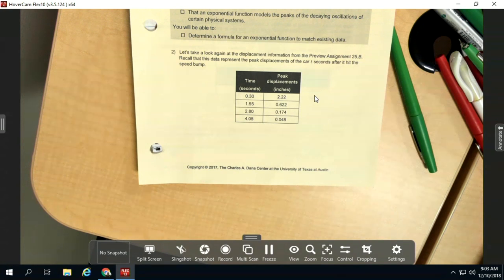You got to do it with your calculator. It only works if you use your calculator. 0.174 divided by 0.622. And then 0.048 divided by 0.174.